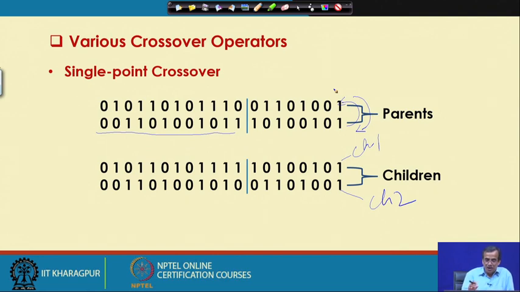By following either of these two methods you will get the same solution, but traditionally, whatever bits are lying on the left hand side are kept constant, and whatever is lying on the right hand side we swap. This is the principle we follow for single point crossover, to get two children solutions from the two parents.